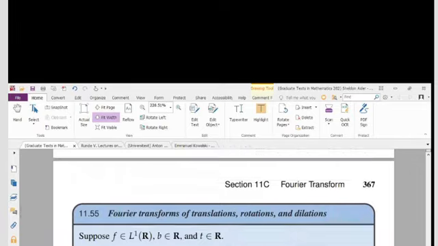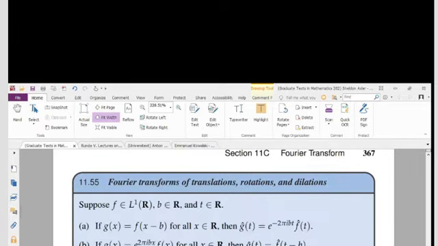By this observation, we have this proposition: for any f in L1 of R and any two elements b and t in real numbers, if g of x equal to f of x minus b for all x, then g hat of t equal to this. And if g of x equal to this, g hat of t equal to f hat of t minus b.